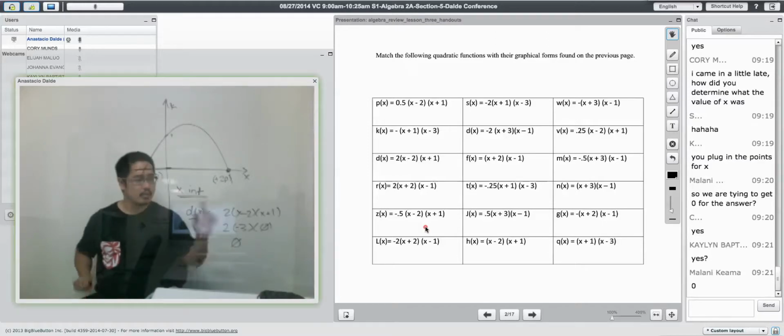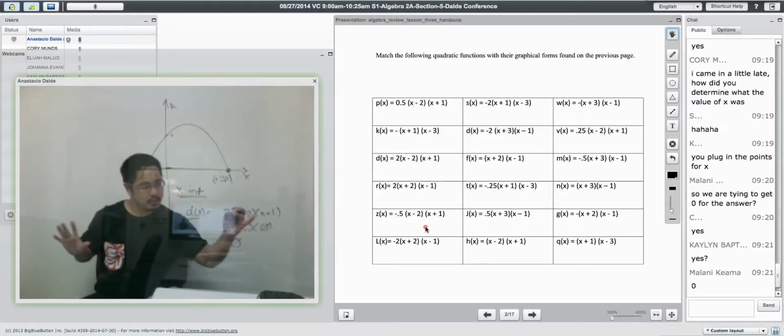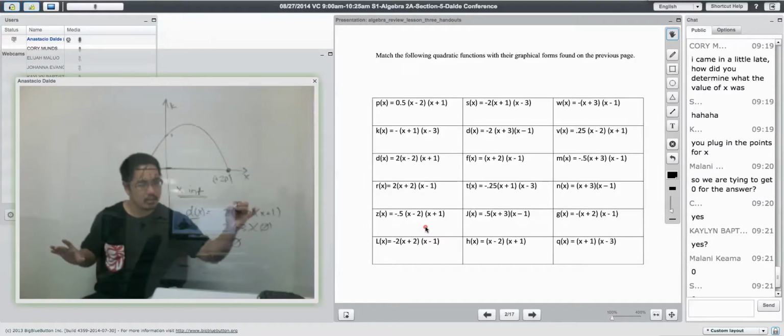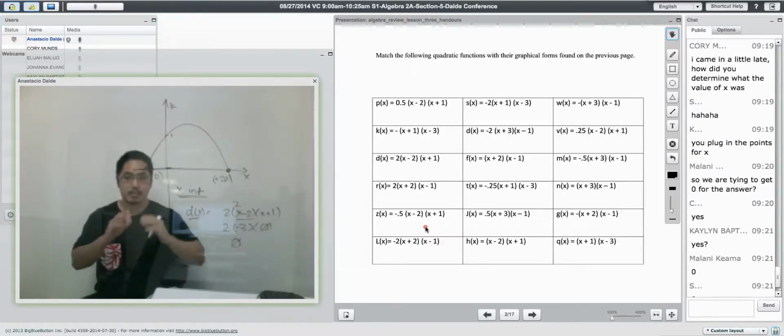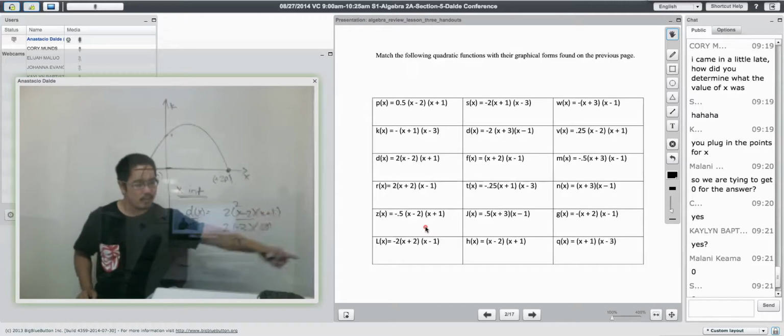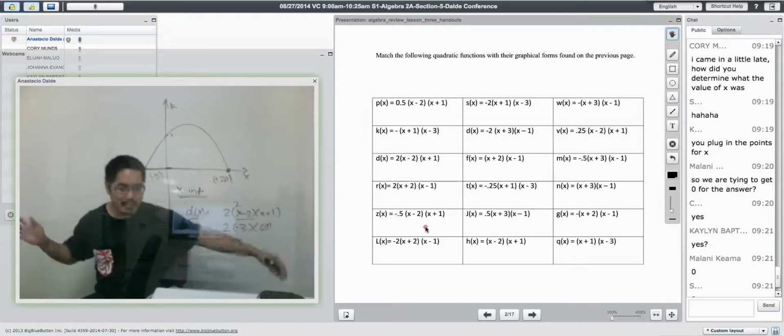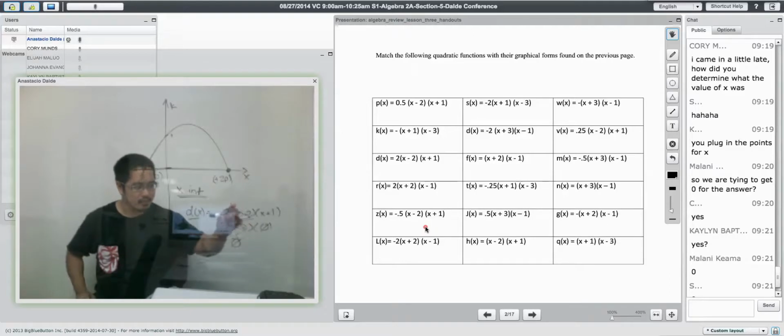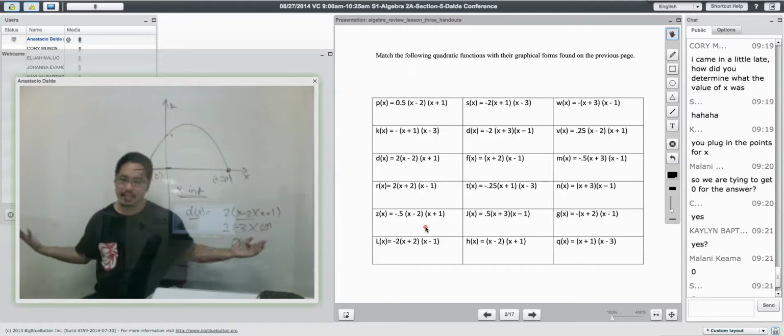It's 0 because if I plug in 2 into here, see this first part of that multiplication is 0, because 2 minus 2 is 0. So it doesn't matter what this is, which is, by the way, 2 plus 1, which is 3. It doesn't matter what that is, because as long as this first term is 0, you multiply 2 times 0 times 3, it's still going to end up being 0. Does this now make sense to you?